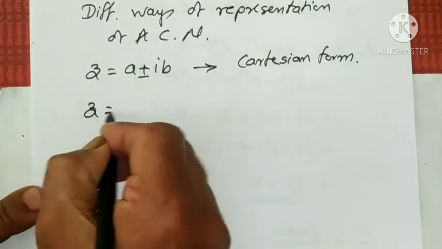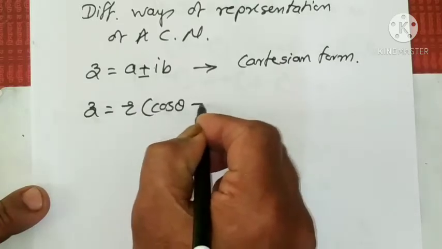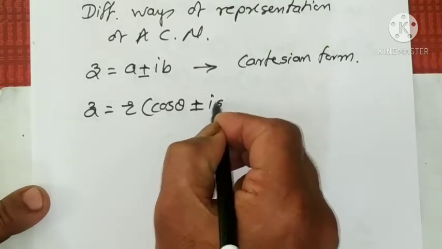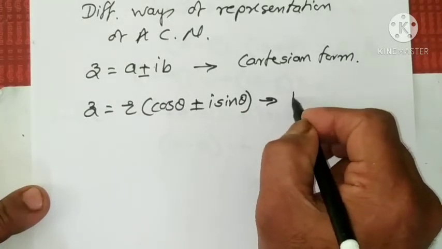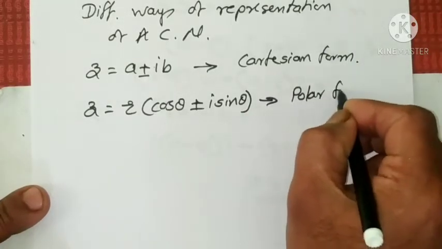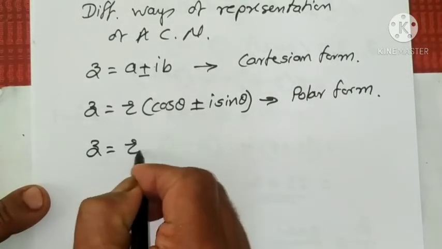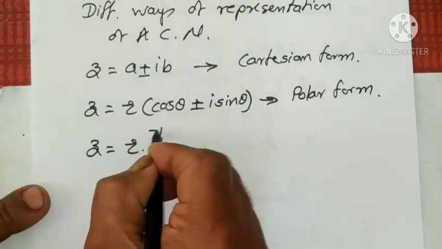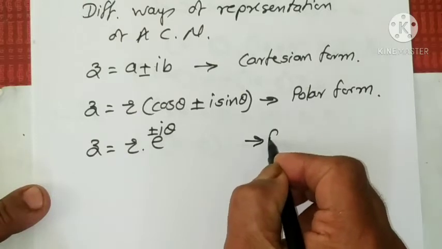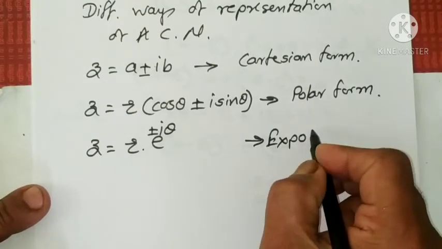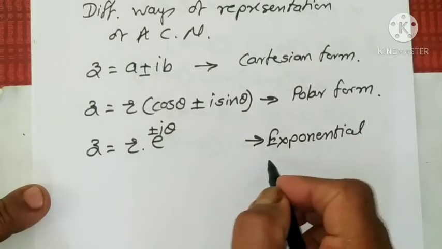Z is equal to r into bracket cos theta plus or minus i sin theta is known as polar form. Z is equal to r into e raised to plus or minus i theta is known as exponential form.